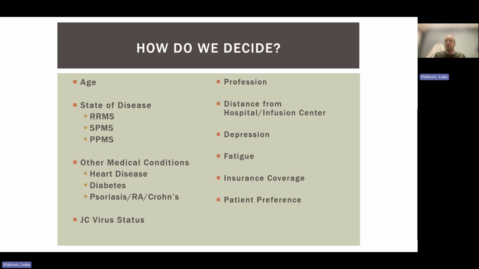Now, how to decide about these treatment options? That falls into many components. One of them, for example, is age. It will be a very different approach if somebody is younger and planning to have children in the upcoming years, or if we're talking about an adolescent or a little bit older person diagnosed with MS, and then depending on other comorbidities and state of disease.